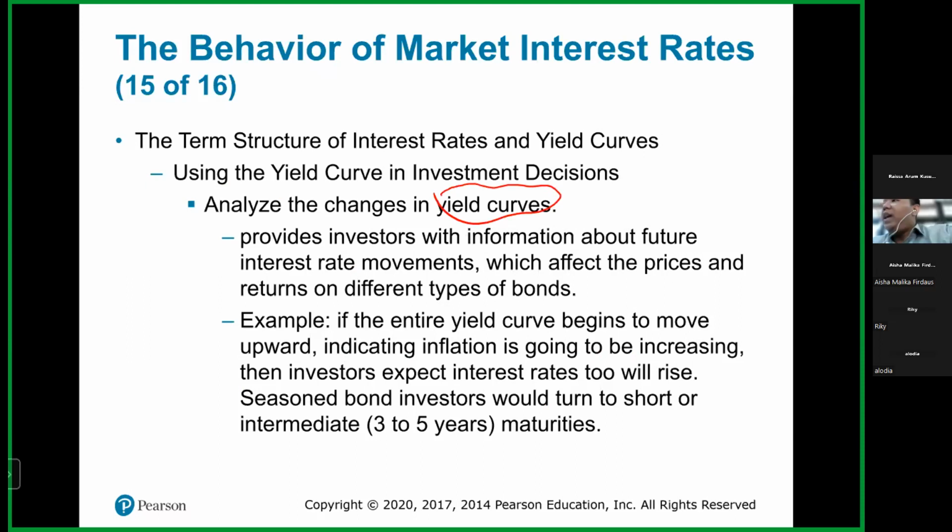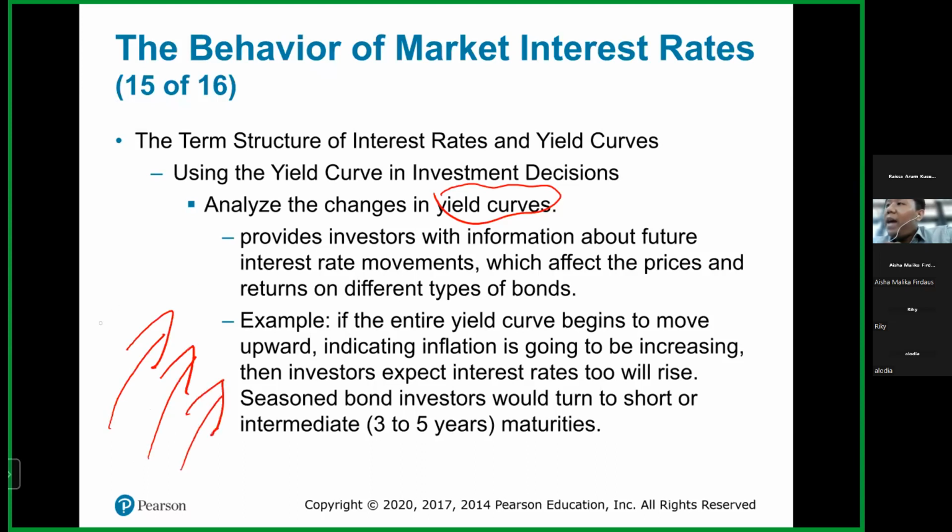So if they see that the market yield curve is going up, meaning that the inflation is also going up, when the inflation is going up, the market interest rate will also go up.